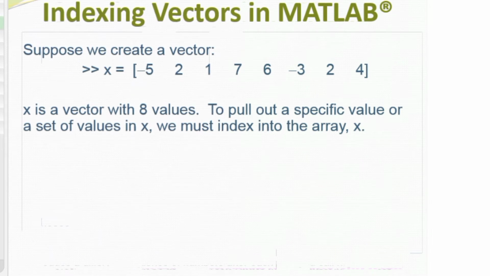All right, so indexing vectors in Matlab. Suppose we create this vector x that has these values. x has 8 values in it. If I refer to x, I'm referring to all 8 of the values in the vector x. If I want to go in and yank out one particular value out of this vector x, I have to index into the vector x.